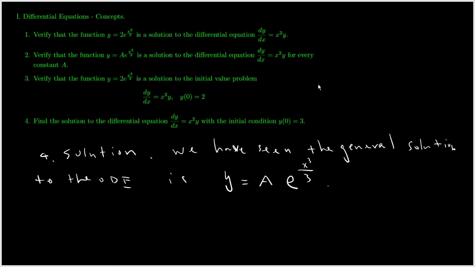I will show you how to use the initial condition to determine the constant. The initial condition is the value of the function at 0 is equal to 3. You just have to know the meaning of this notation.